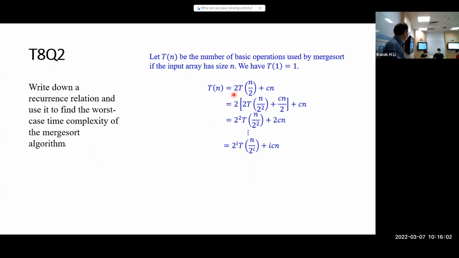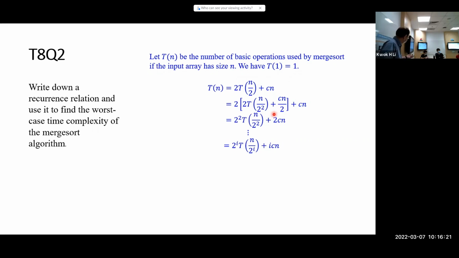You will see that n and n-1 are the same, right? If you are talking about n very big, like 1 million, then 1 million minus 1 is still 1 million. So we'll use this one here. Then you use the backward substitution.